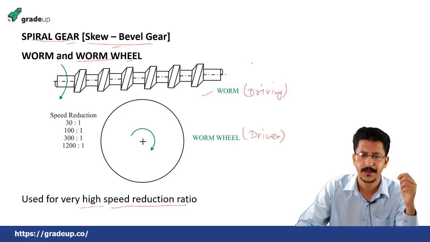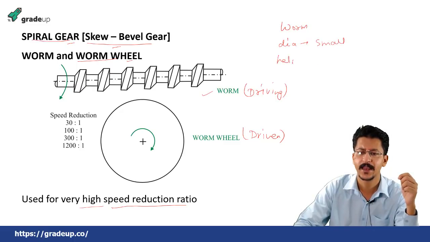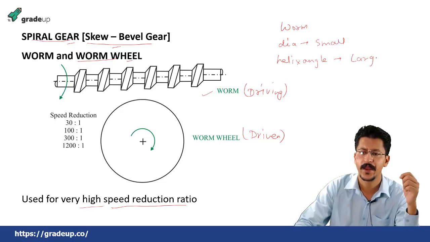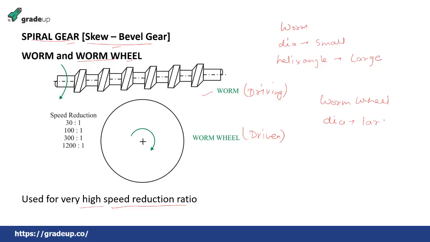In the case of worm, the diameter of the worm is very small, and its helix angle is large. Whereas in case of worm wheel, the diameter is comparatively large compared to the worm, and the helix angle, also known as the helical angle, is small.